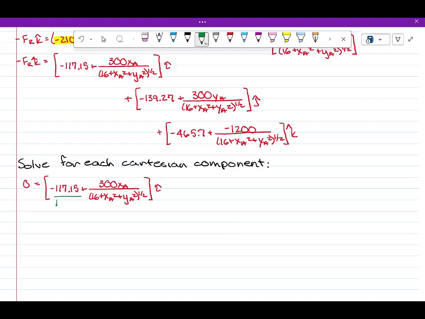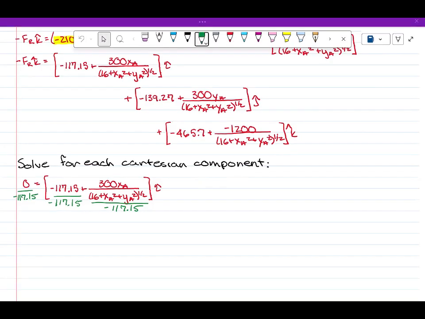So that we can solve this down to the minimum, we can divide both sides by negative 117.5, and we can also multiply by the square root of 16 plus xa squared plus ya squared. This will give us 0 equals the square root of 16 plus xa squared plus ya squared plus 300 xa divided by negative 117.5.